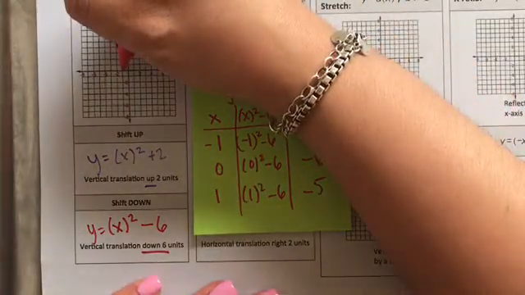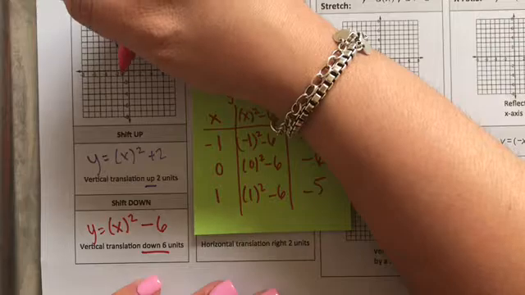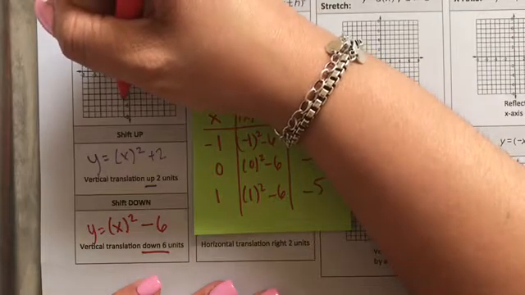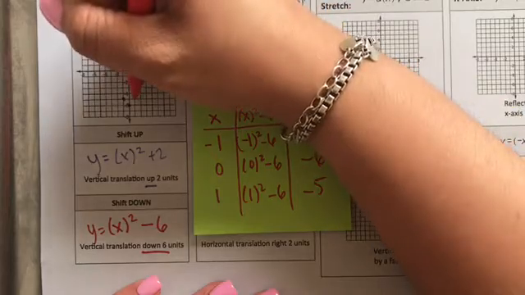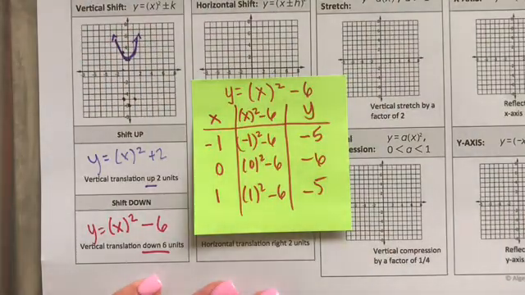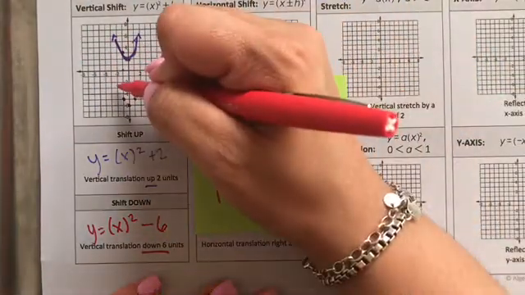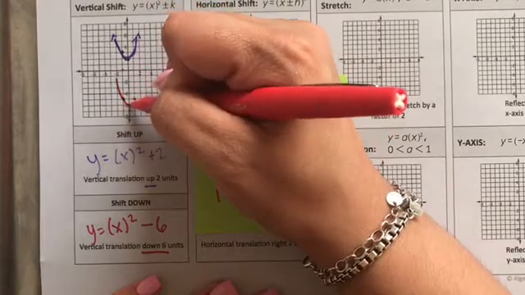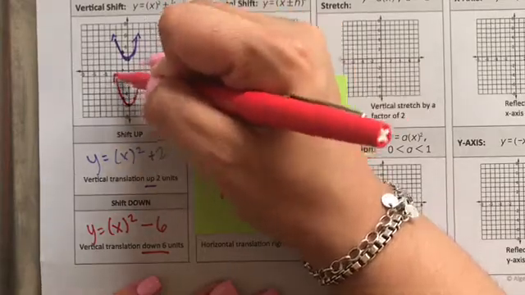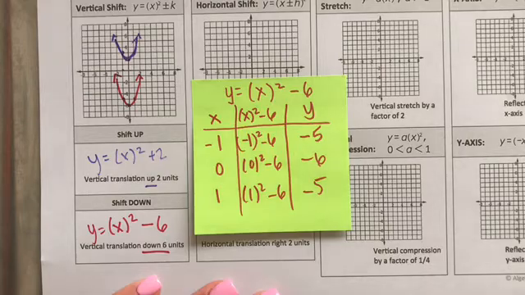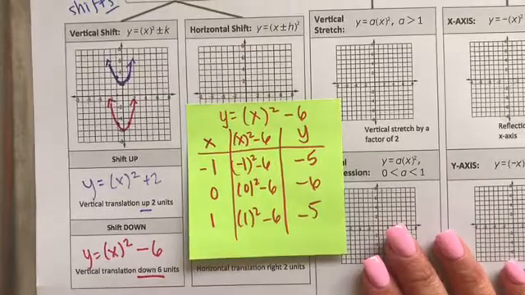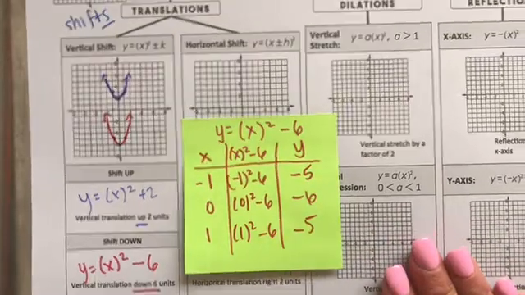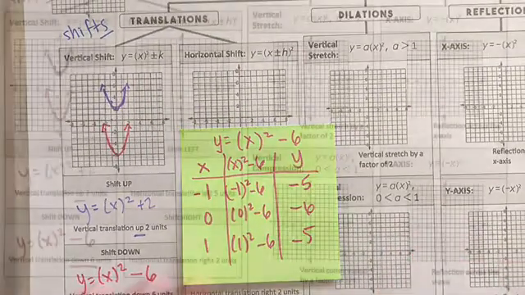Negative 1, negative 5; 0, negative 6; and then 1, negative 5. Graphing it, that's what I get. So those are going to be vertical shifts, or vertical translations.